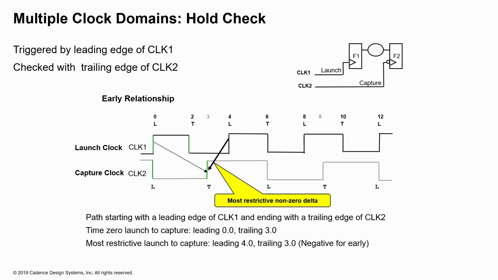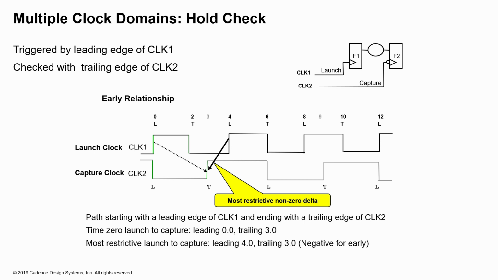The hold check is a little more complicated. We have to understand that whatever edge is launching the data, if the next edge is not launching the data again before the previous one is saved, then you're okay.